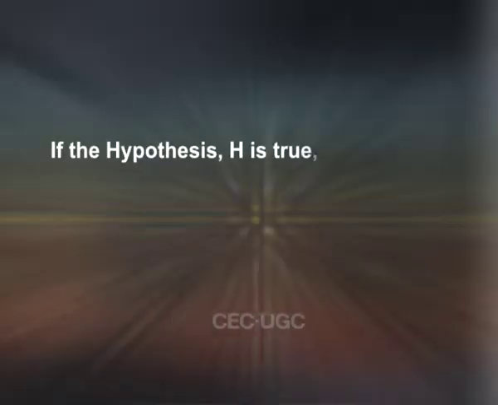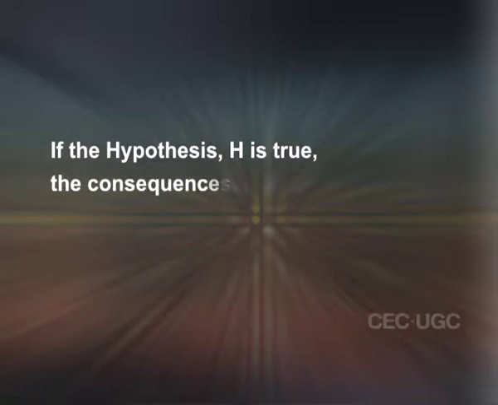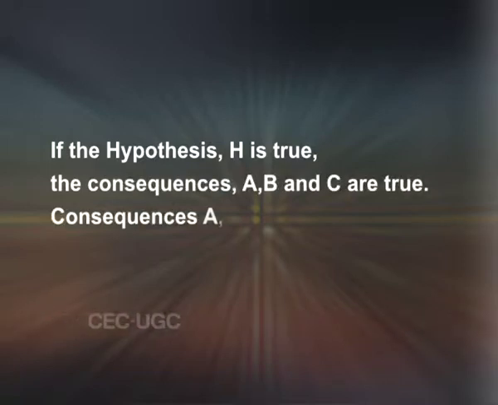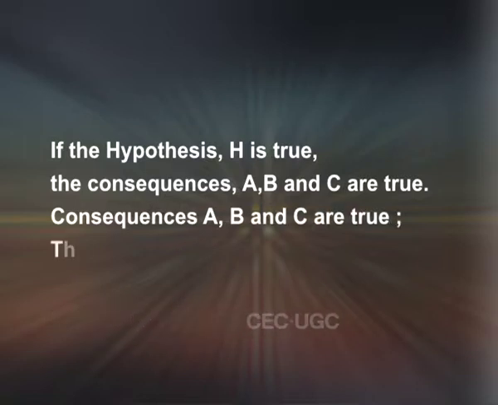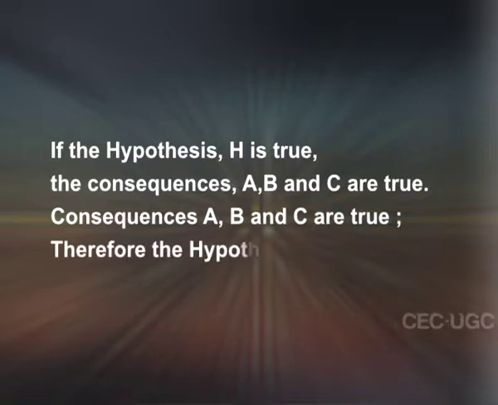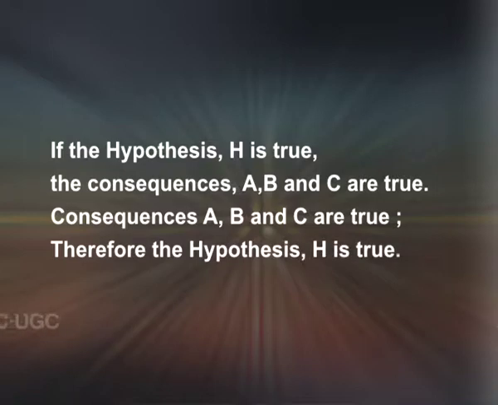Problems in testing the consequences of hypothesis. A troublesome logical problem in testing the consequences of a proposed hypothesis takes the following form. If the hypothesis H is true, the consequences A, B and C are true. Consequences A, B and C are true, therefore, the hypothesis H is true.